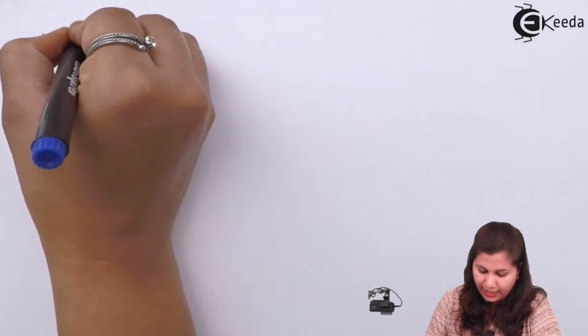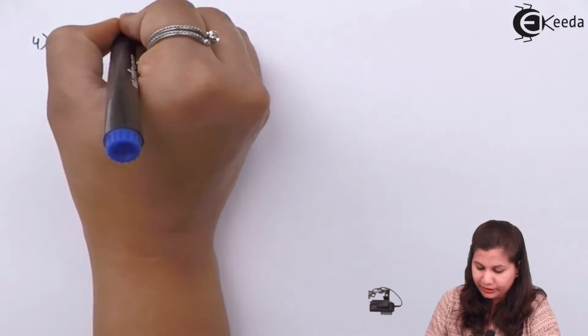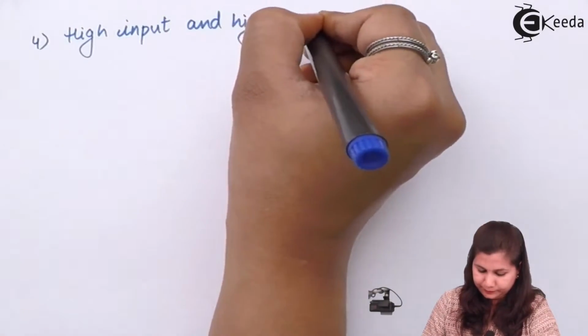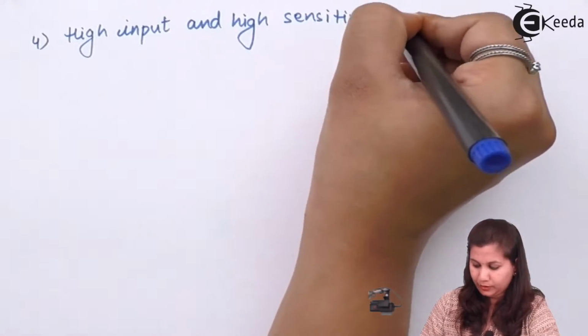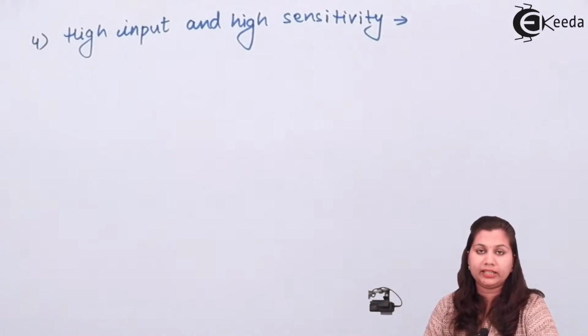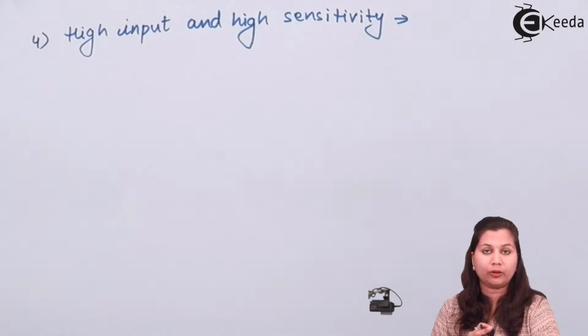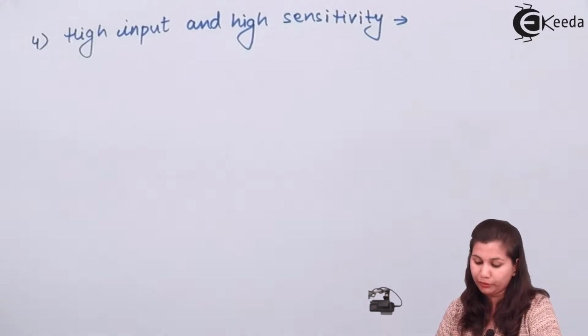Next advantage is high output and high sensitivity. The output of the LVDT is very high. There is no need for any amplification, meaning the LVDT does not require any amplifier. It gives a very high amount of output.